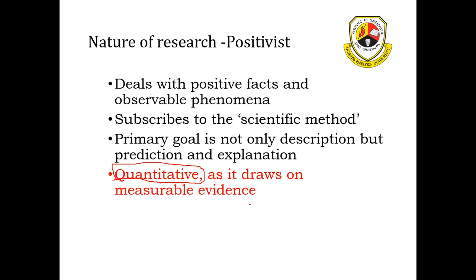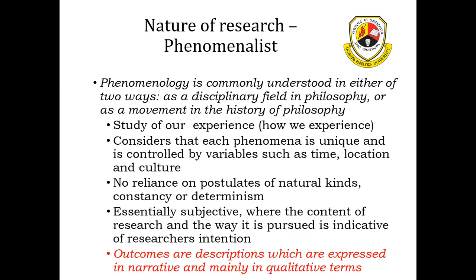Measurable evidence. Whereas when we look at the phenomenology side, we are painting a picture of a reality that is not necessarily yours. It's not your reality as a researcher. You're bringing out descriptions.